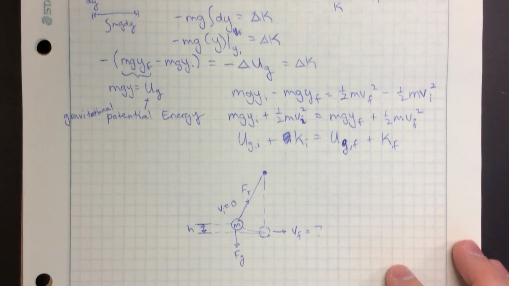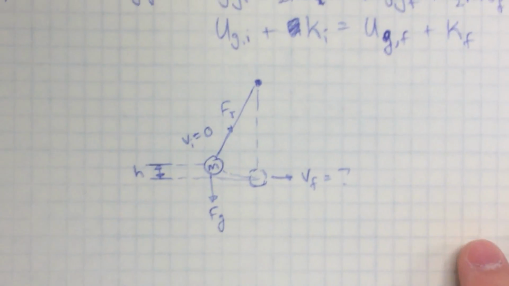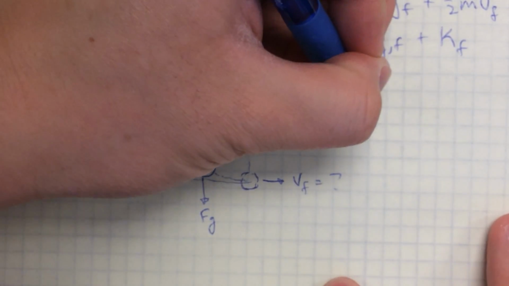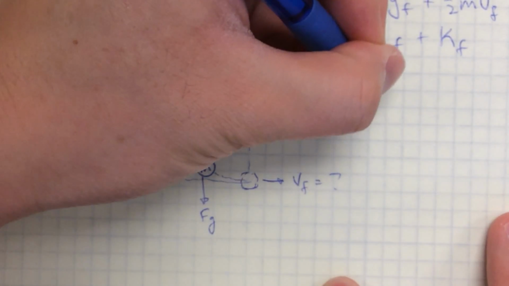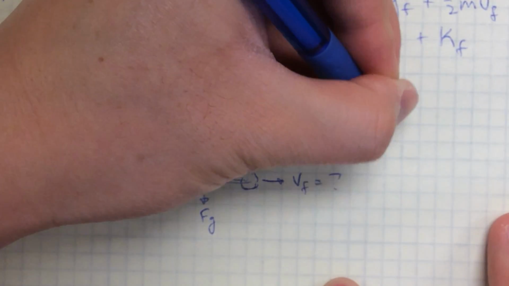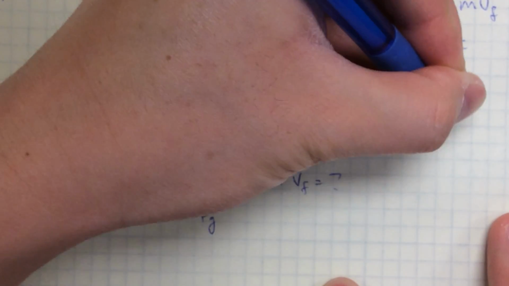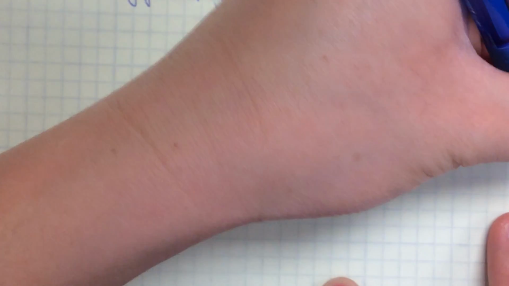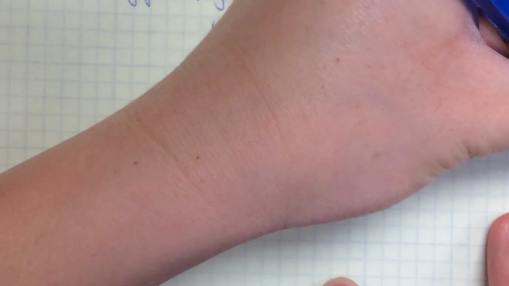Is that hard to see? Yeah. Okay, we only have to care about what happened before and after. So we can write it out like this: mgy initial plus 1/2 mv squared initial equals mgy final plus 1/2 mv final squared.